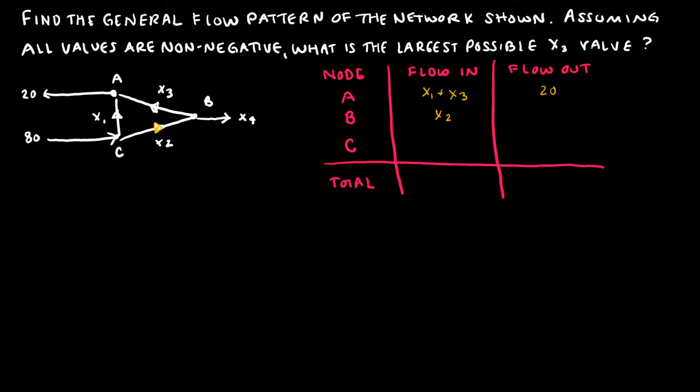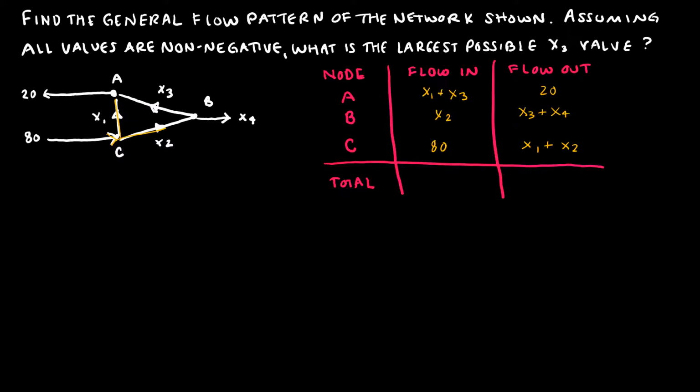The flow out looks like both x3 and x4. And for C, I have a flow in of 80 right here, and a flow out of both x1 and x2.